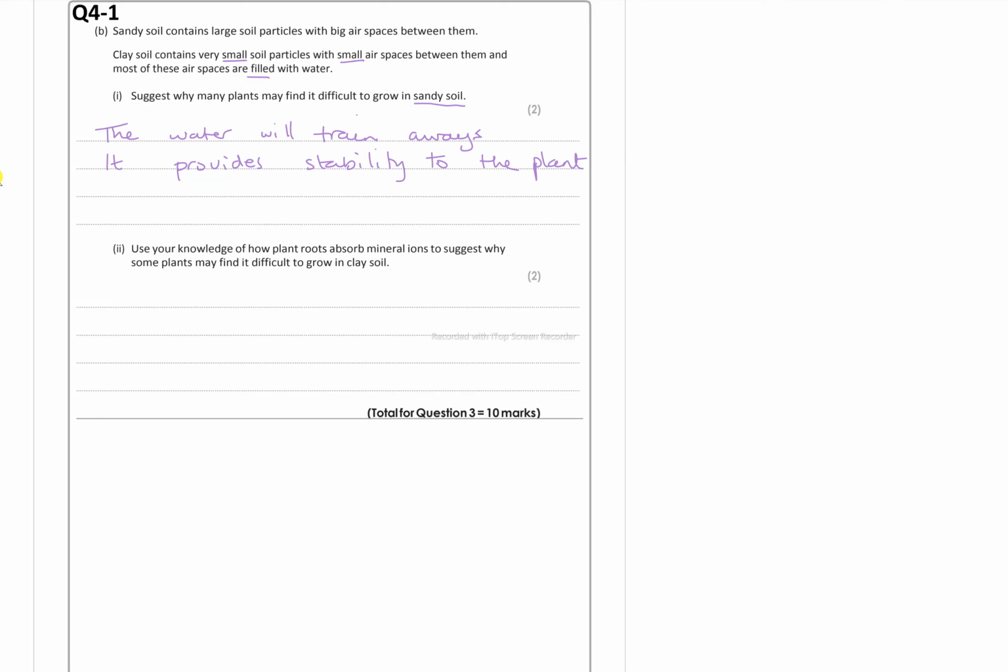Right, in this, right, I want to undo that. Do you know why? I'm talking about it, but we've got to answer the question. The stability or anchorage in sandy soil is poor.